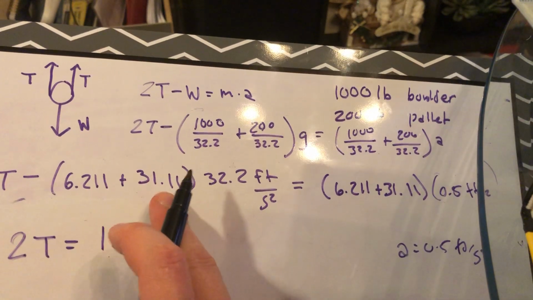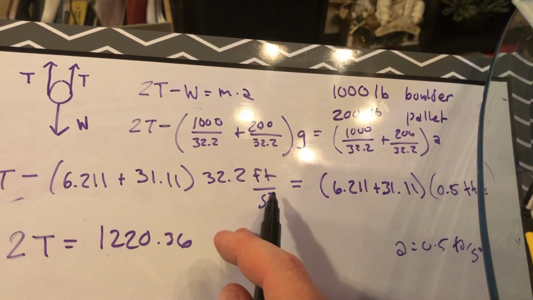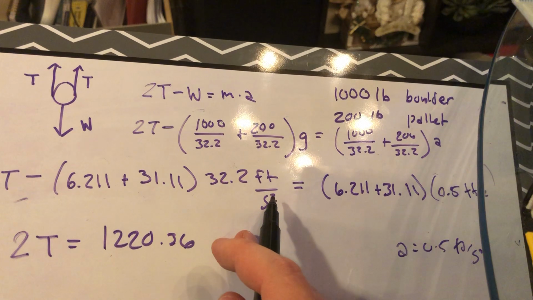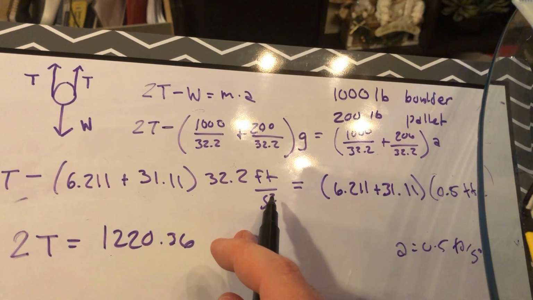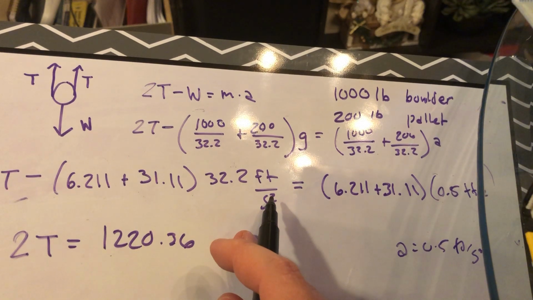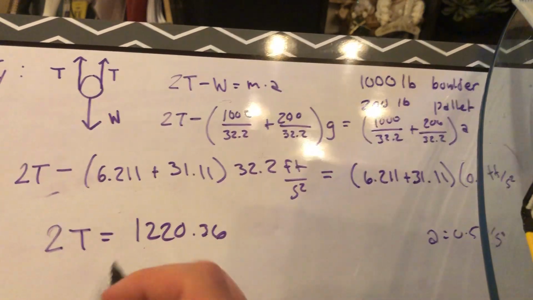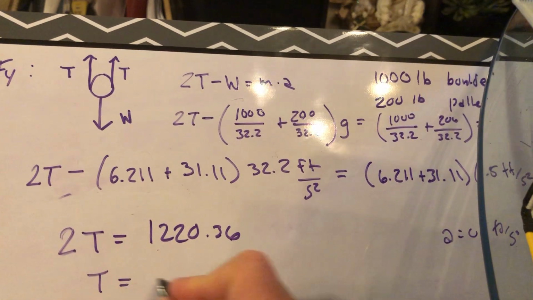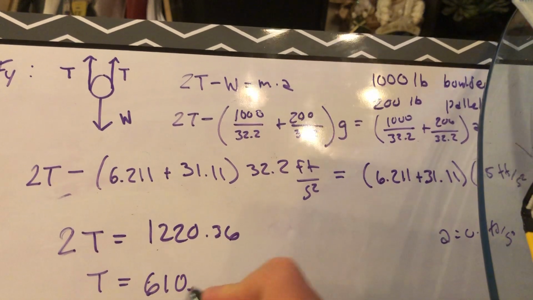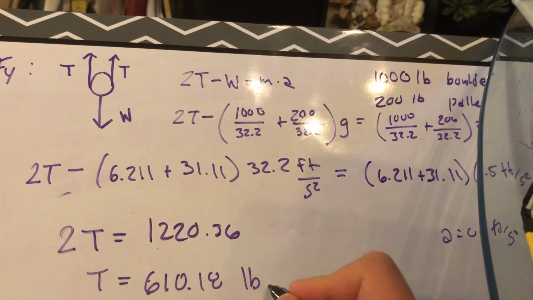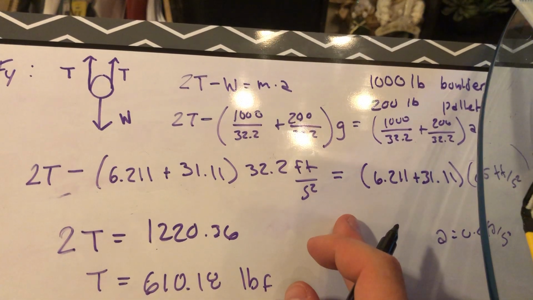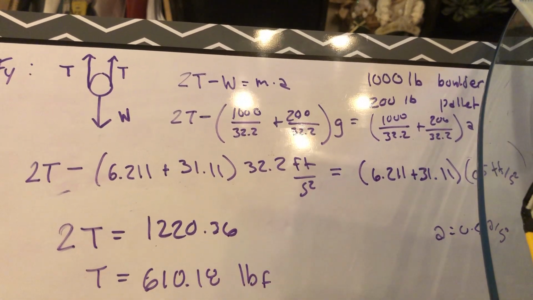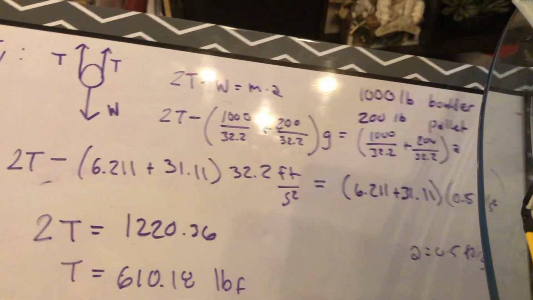And that's in pound mass feet per second squared. That's weird. I'm just trying to wonder if I made a mistake. But we'll go with it. I'm pretty confident, 610. I know I checked all my stuff earlier.